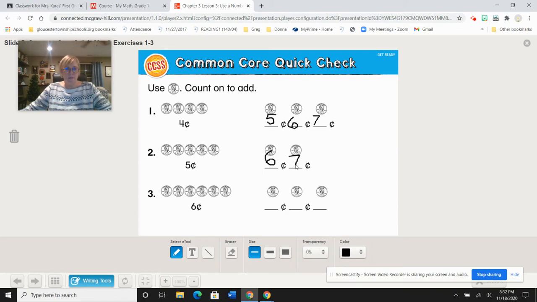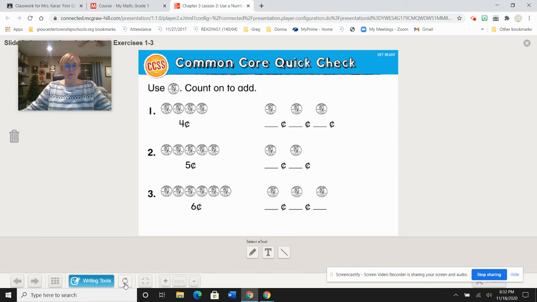Good job. All right, ready for the last one? 6 cents. All right, you can pause and write the next 3 numbers. 6, 7, 8, and 9. That 8 looks like it got blown over a little bit. Okay, all right, good job.